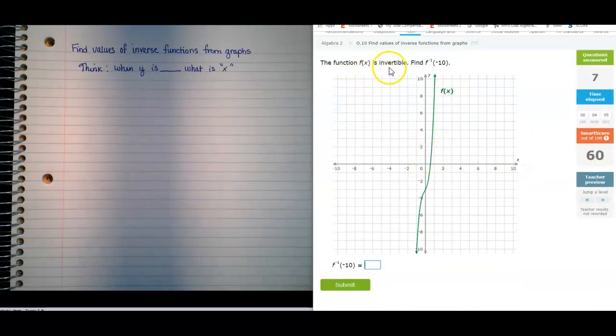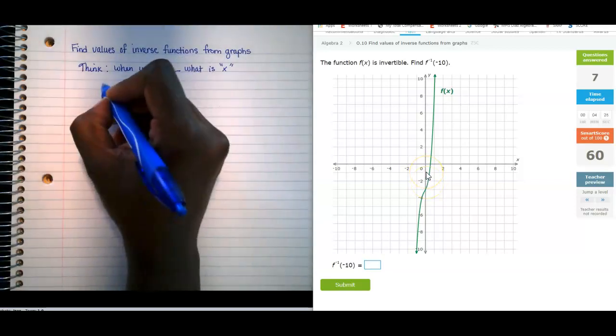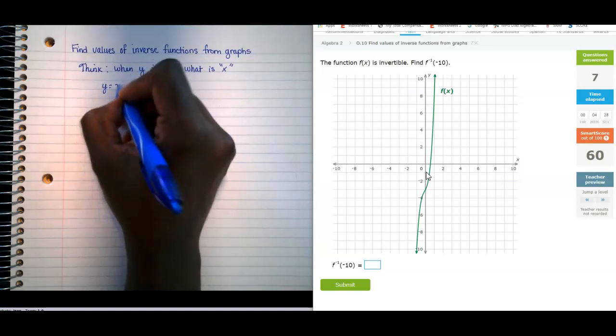The function f of x is invertible. Find the inverse of the function when y is -10. Now this may be your first time seeing this type of function. This is called a cubic function. In other words, it's where the leading term would be raised to the third power. So say you have y is equal to x cubed.